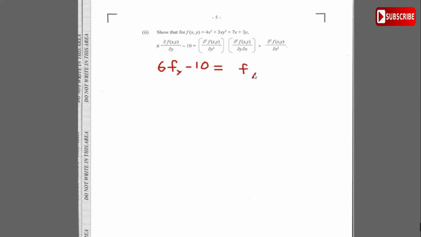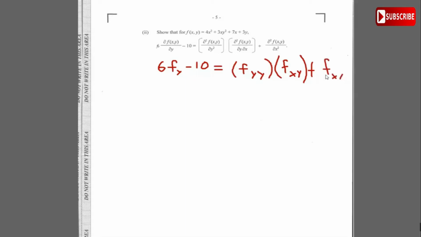I'm just rewriting it in a way that I prefer to see it. So this is what we're trying to prove.